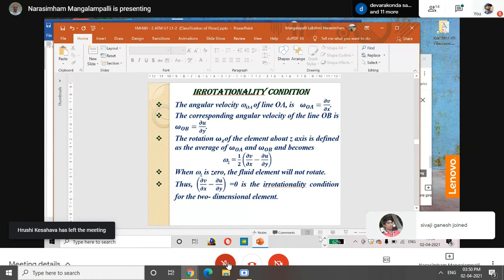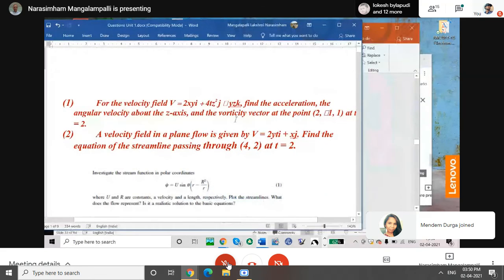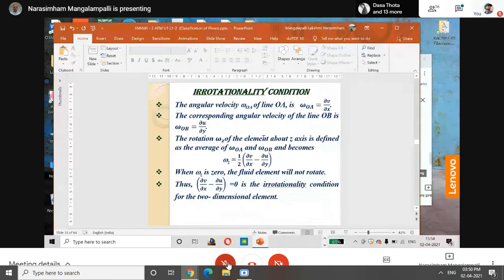And what other thing is asked? The vorticity vector. So first find out the angular velocity.